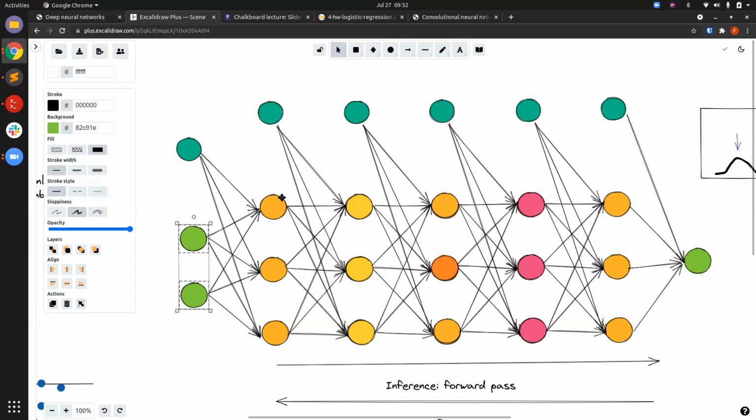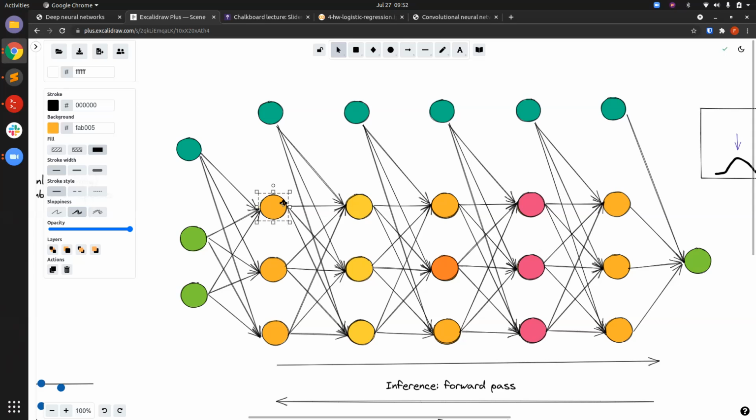Okay, so let's look at maybe this unit, for example. Just to make the math easier, I'll set all the weights and biases to 0.1. The input to this unit will be 0.1 x1 plus 0.1 x2 plus 0.1. Let's say x1 is 1 and x2 is 0.